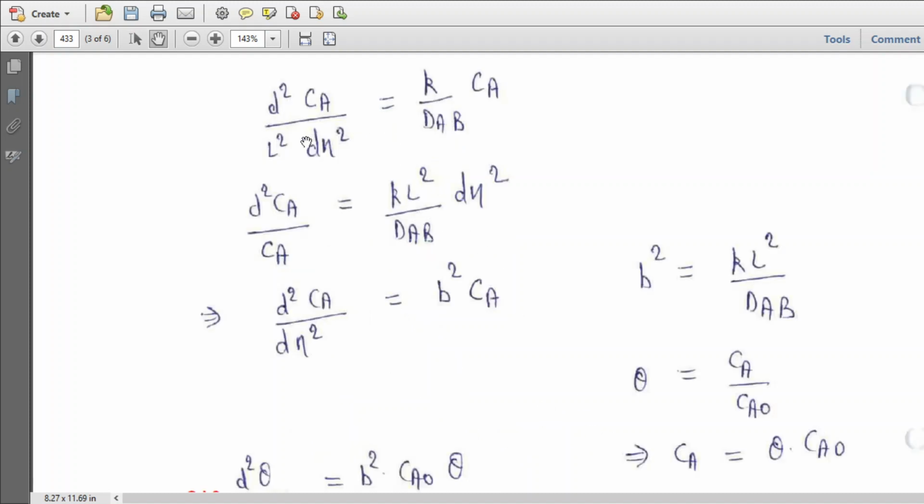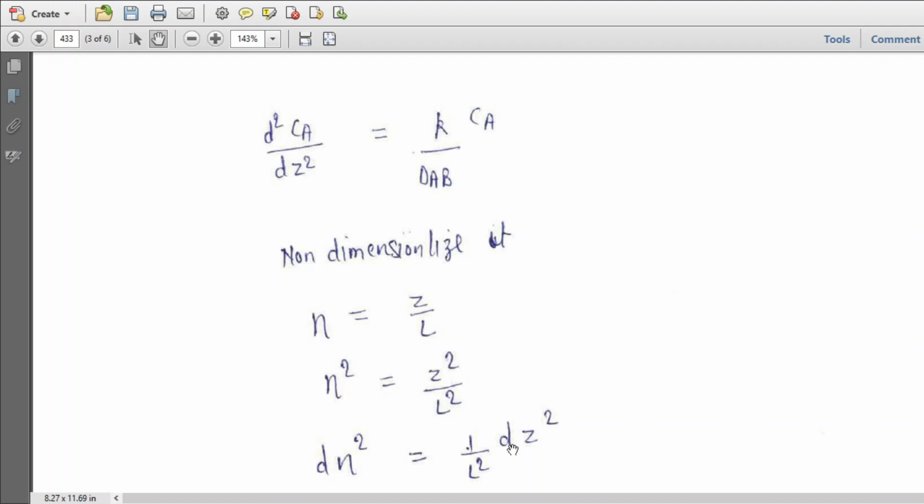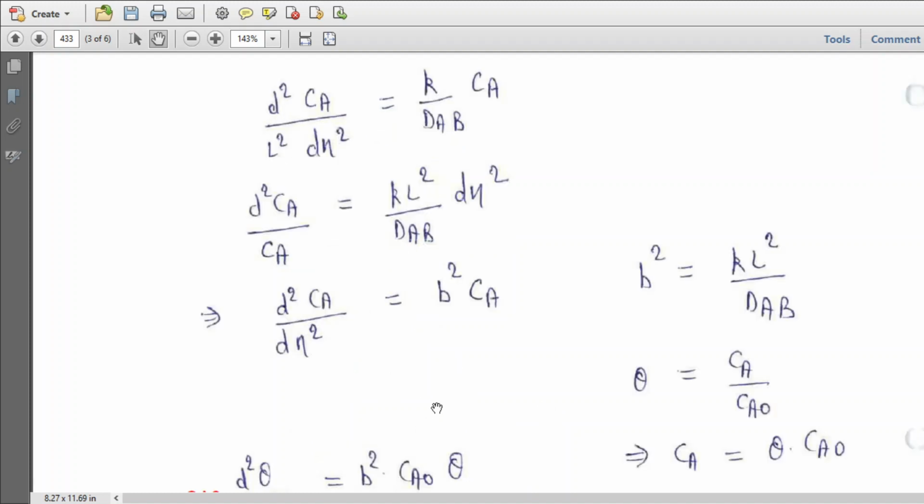Now we have the equation d square CA upon dz square, so dz square is L square d eta square. On this side we have k upon DAB times CA. Now we can arrange it so that CA comes down over the d square CA terms.